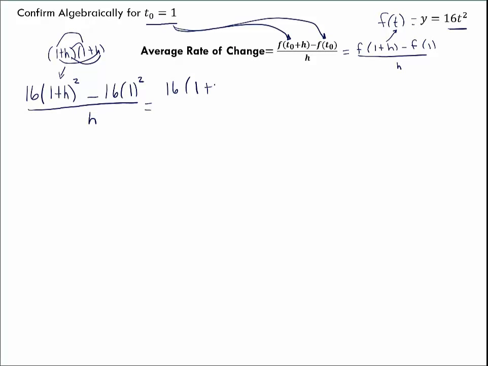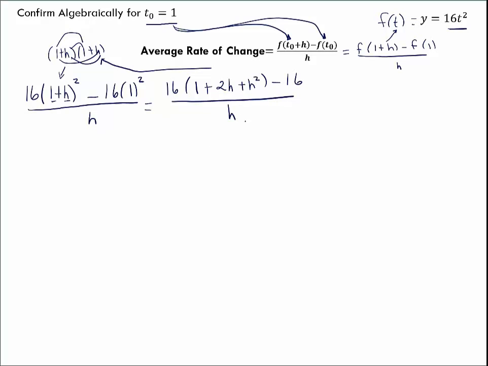You take 2 times these two terms, so 2 times 1 times h, 2h, and then you square the last term. If you don't remember that, then you go through FOIL. That's what I did, it's a shortcut way of FOILing. And then minus 16 all over h.